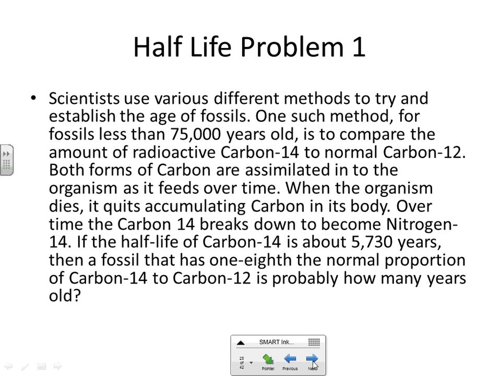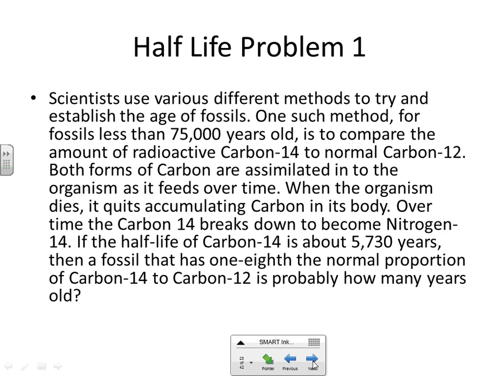Are you guys radioactive? Yeah, because you have some radioactive carbon-14 in you. It's everywhere. You're not very radioactive, but you're a little bit. When you die, you stop taking in what? Carbon. So what happens to the level of radiation in your body the longer you're dead?